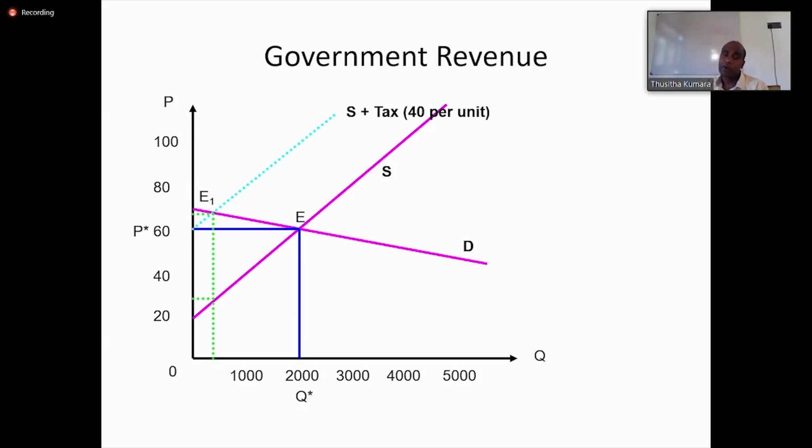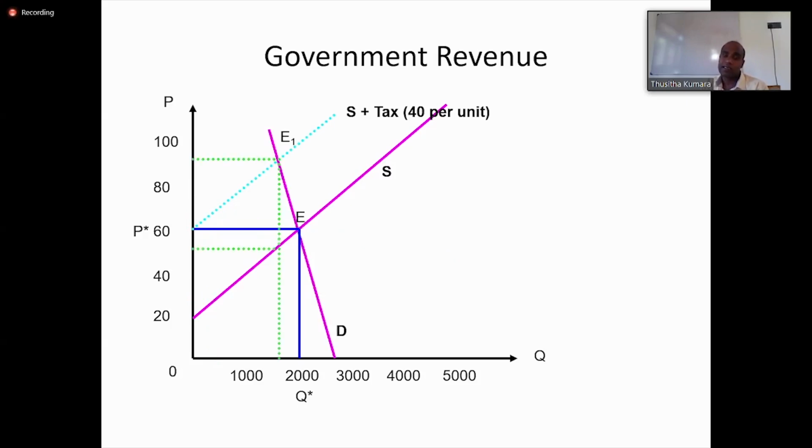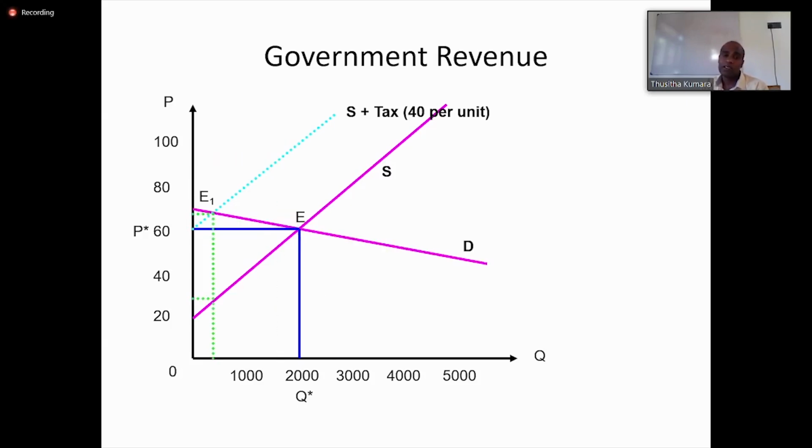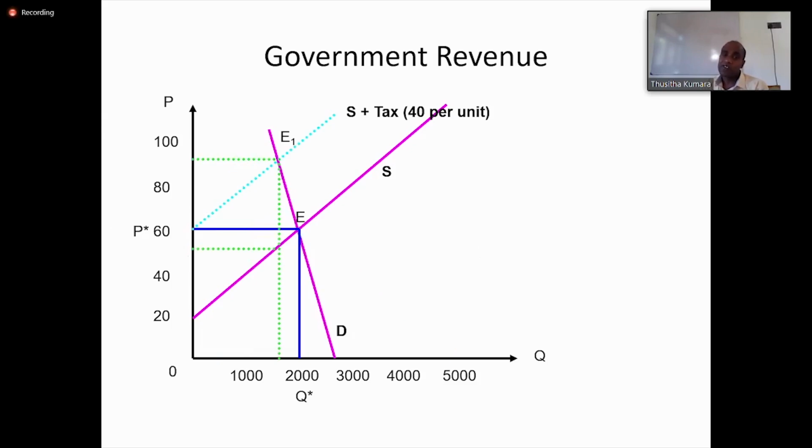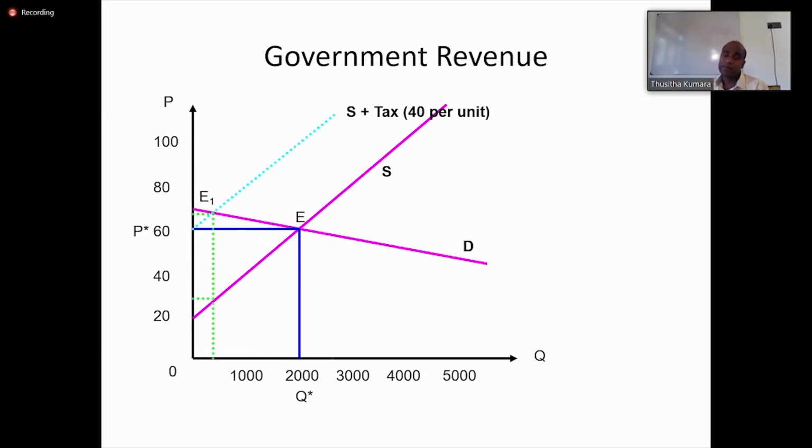So tax will be 20,000. Now this case 60,000, this is 20,000, this is 40,000. With this, what we can understand, with the different degrees of elasticity, government revenue will be different, will be changed. Maybe government is getting a higher tax revenue, or the tax revenue may be lower.